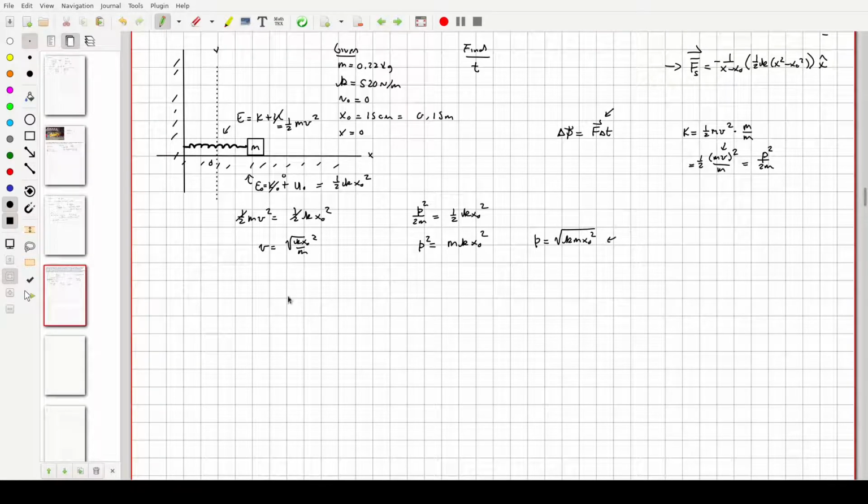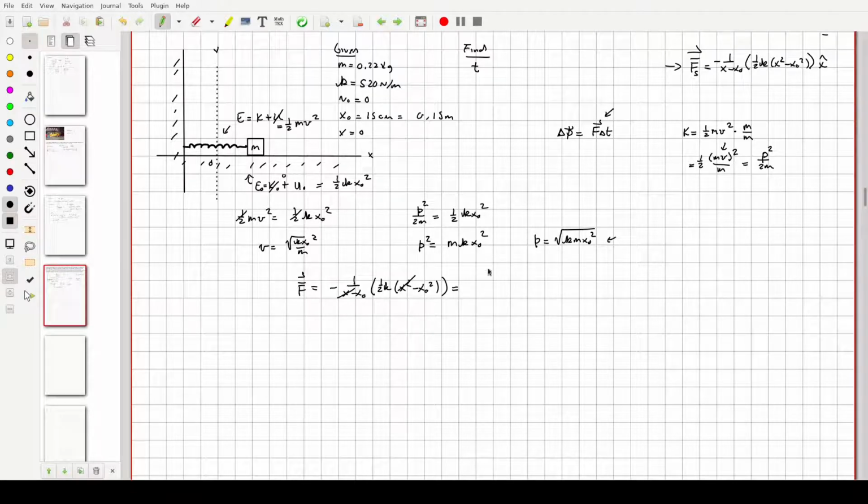Okay, so let's go ahead and solve for the average force. It is minus 1 over x minus x naught times 1/2 k times x squared minus x naught squared. Our final position is 0. That's 0. That's 0. A negative times a negative is a positive, times a negative is a negative, which makes sense.